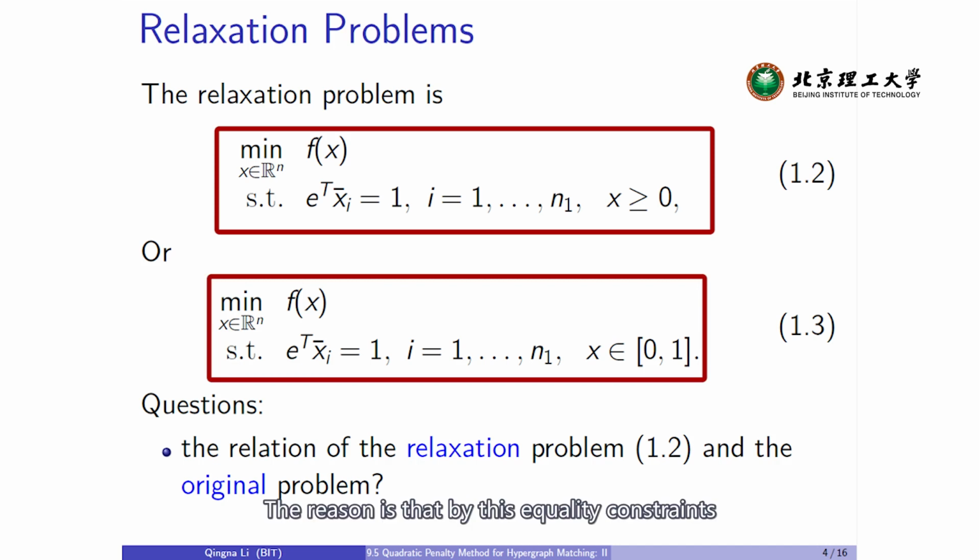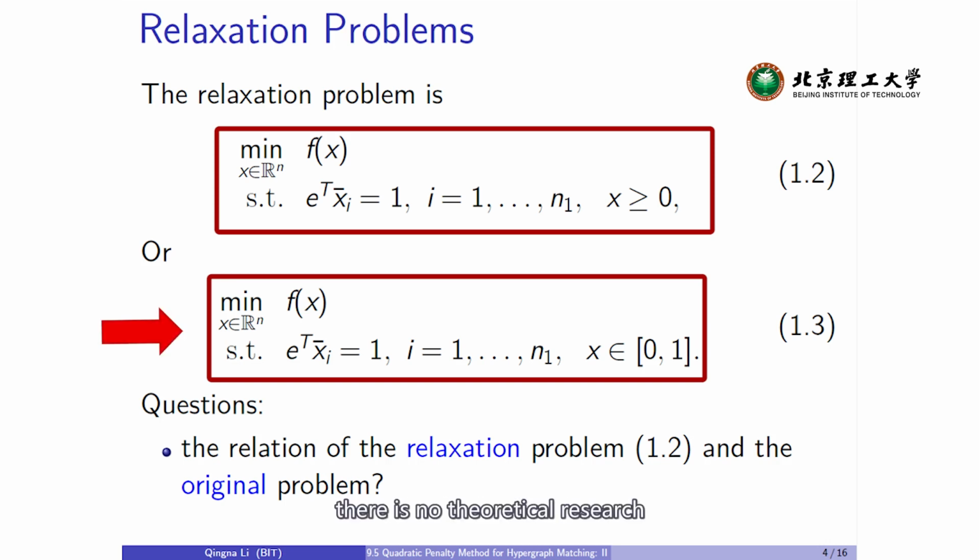The reason is that by the equality constraints and non-negative constraints, none of the components in x can be greater than 1. So the two relaxations are the same. As we mentioned in the previous part, the traditional relaxation is this one.